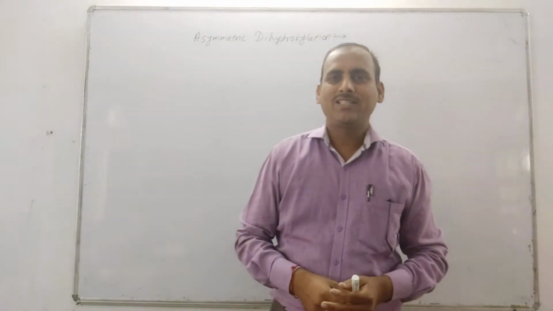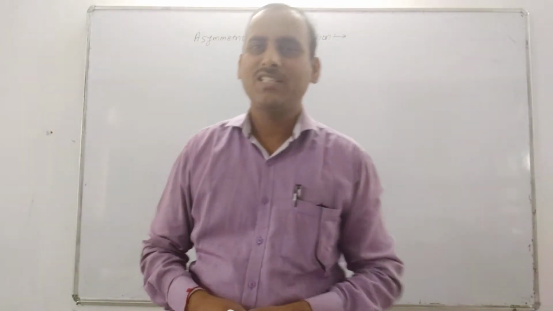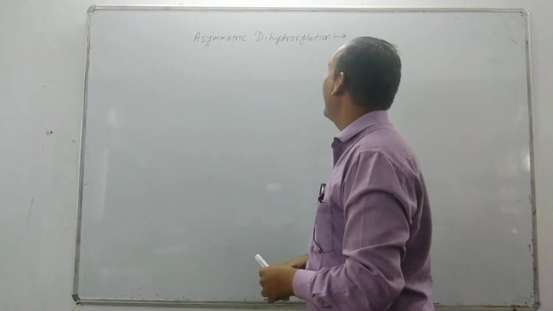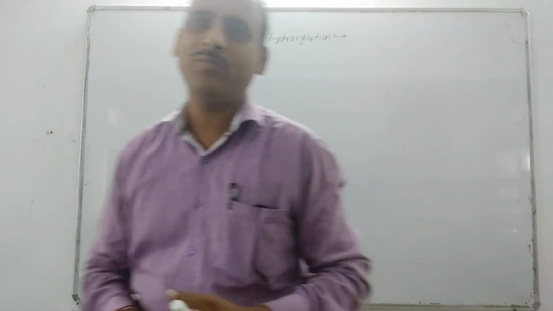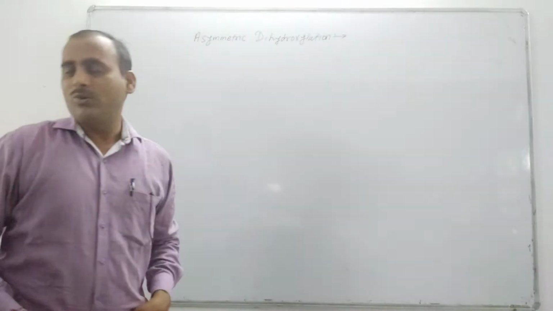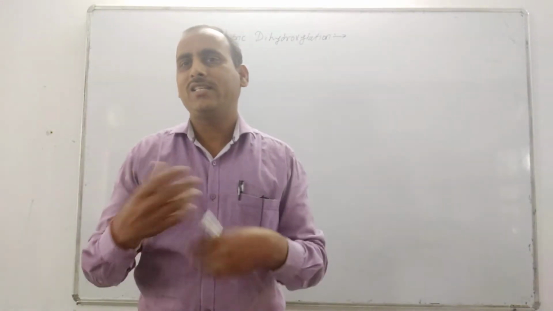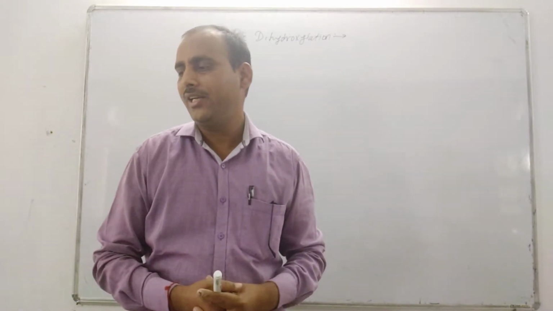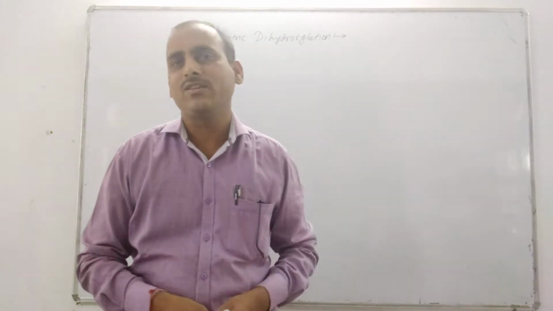Hello, good afternoon friends. Today we discuss asymmetric dihydroxylation by using osmium tetroxide and some co-oxidant as well as some additives, and the active reagent, that is osmium tetroxide.